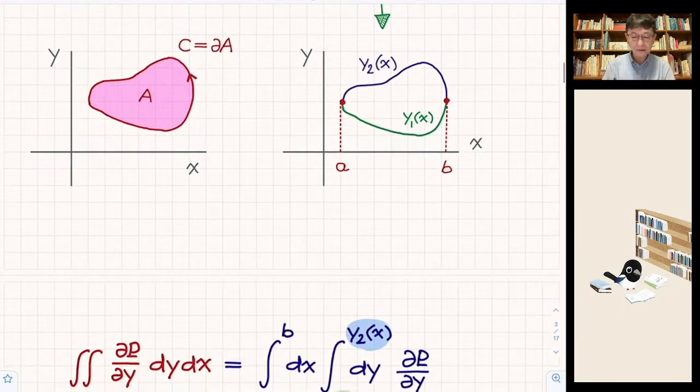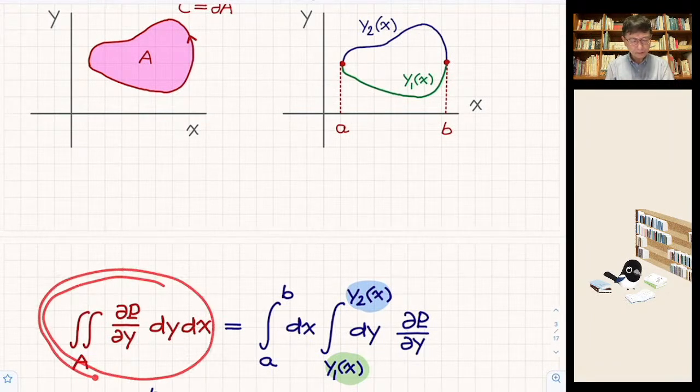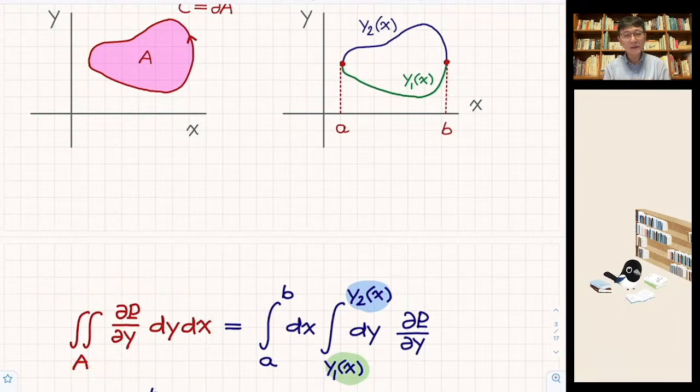So let's see how this works. Let's show the algebra here. The idea is that we want to compute this, the double integral of partial p partial y. And then I shuffle the order of the integration here, because I want to carry out dy first. As I explained, when you do that, you need to specify the boundaries, the lower and upper bounds.